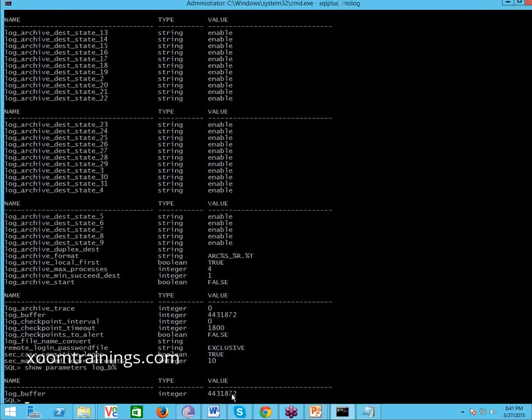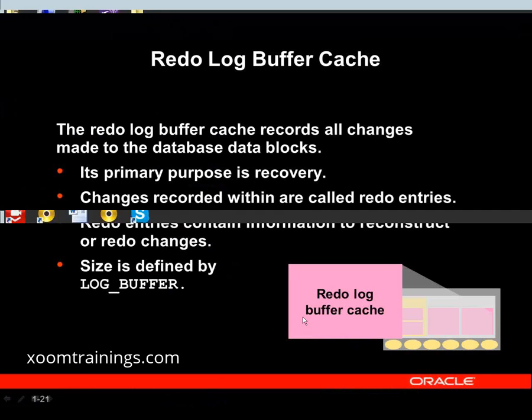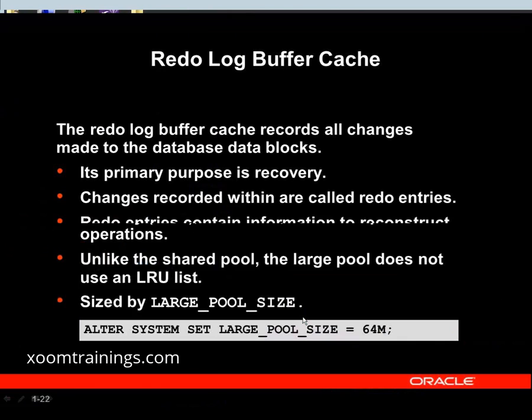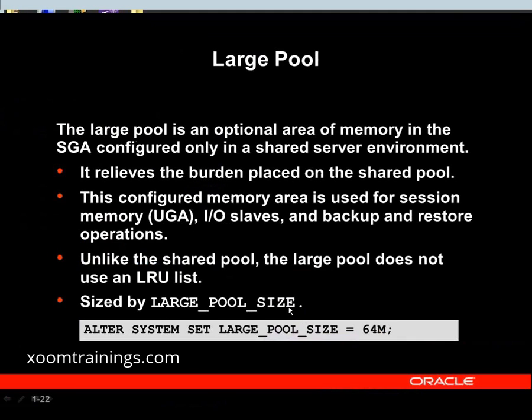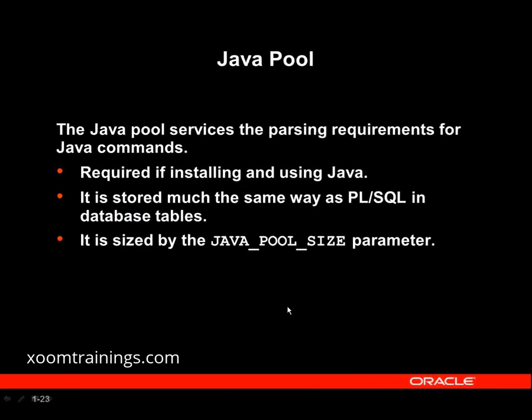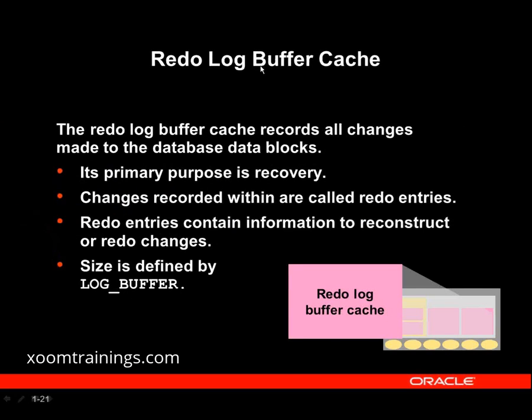Its value has been set over there. The main purpose of the redo log buffer, let me explain with a little example: you come across the redo log file, and it is better at the time of redo log file management.